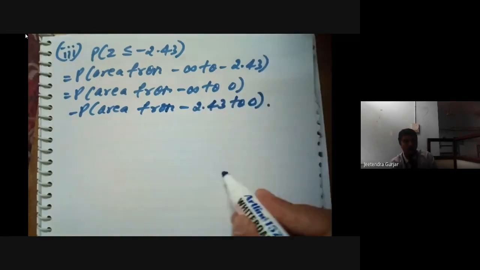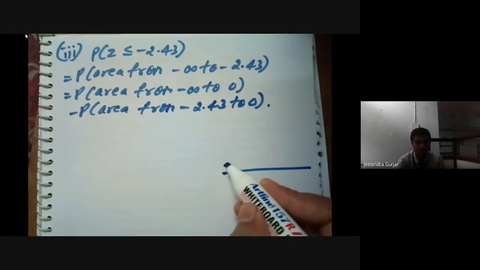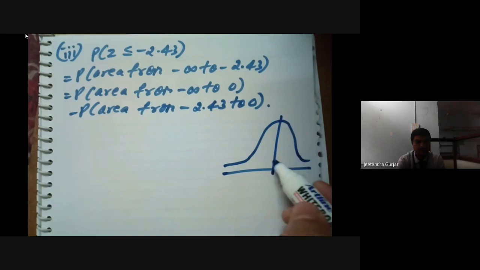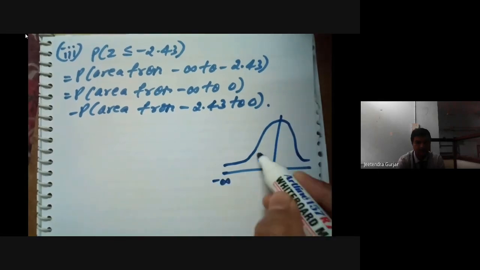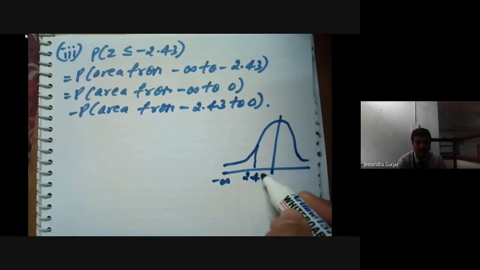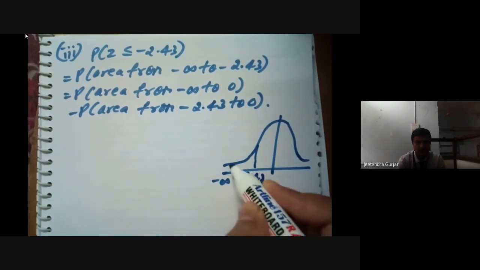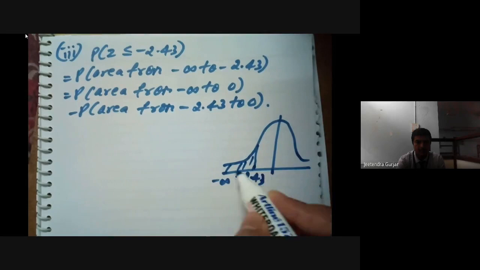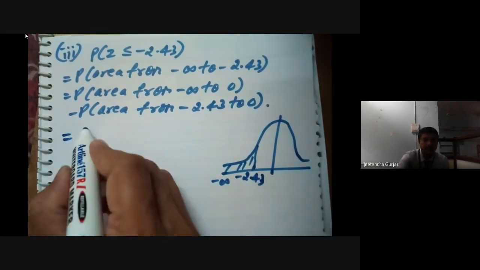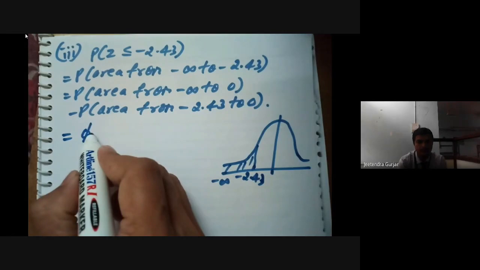From the bigger value subtract the smaller one. If this is the curve and this is minus infinity, you can take the mean. Somewhere here you will get 2.43. This is the area I wanted to calculate, so I have taken the area from minus infinity to minus 2.43.